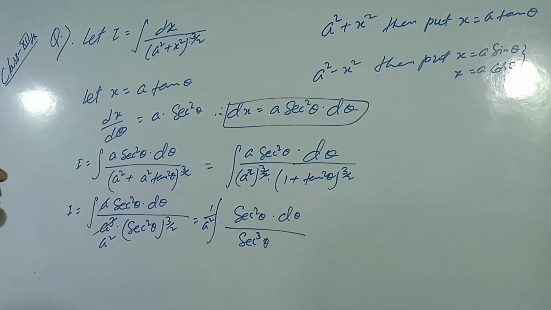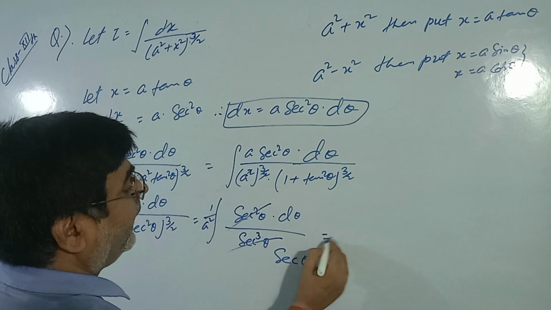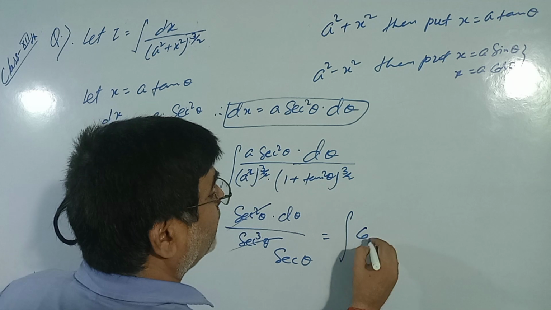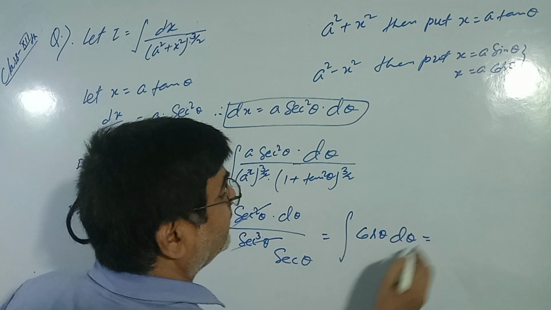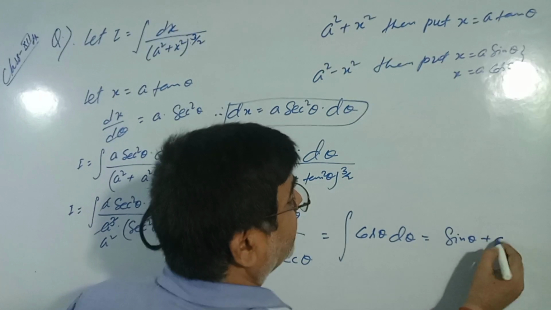Right, students? So sec cube theta cancels out sec square theta, leaving 1 over sec theta, which is cos theta d theta, and the integration of cos theta is sin theta plus c.